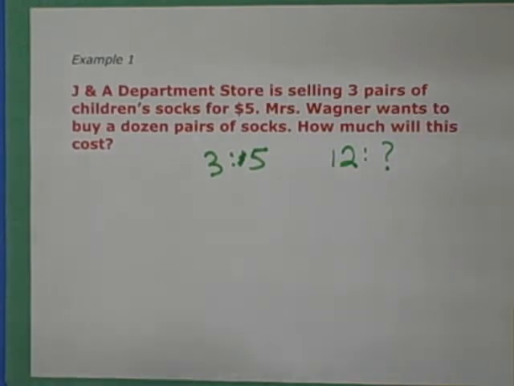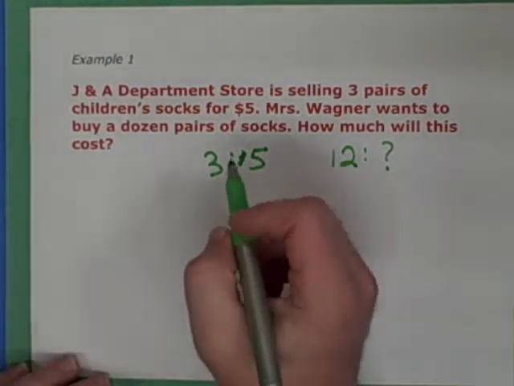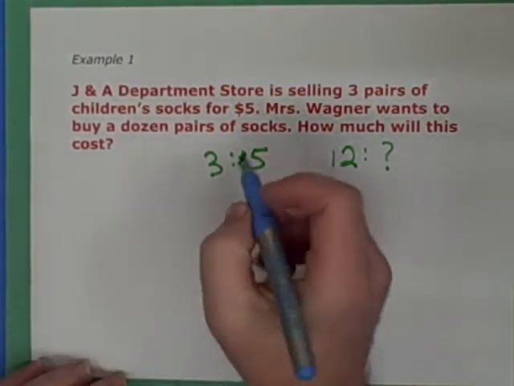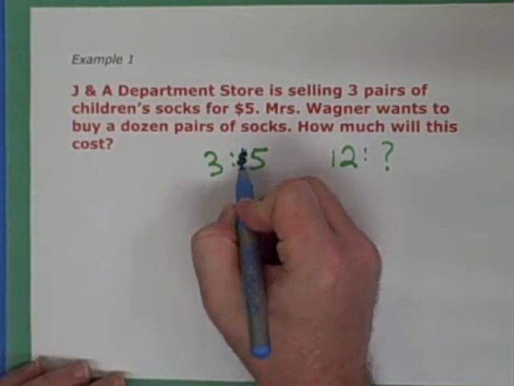But what we're going to do is set up a proportion. Make sure we understand this is a dollar sign here. So 3 to 5.